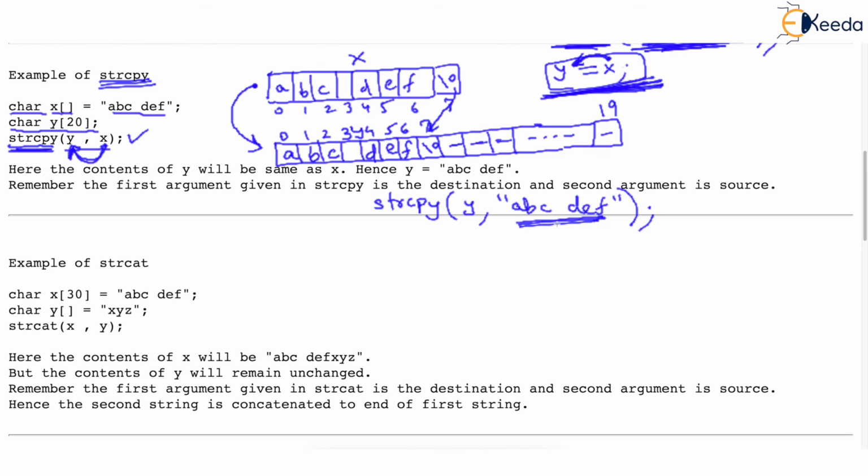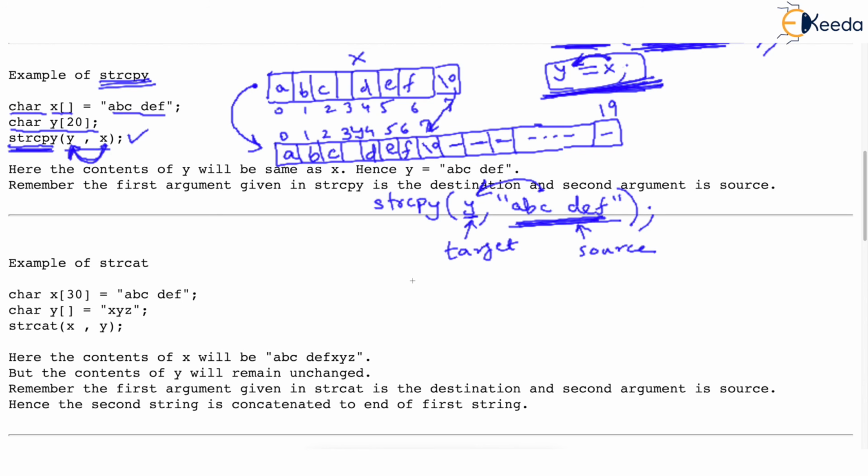You recall that the second parameter given is always the source. So this abc space def will be copied in the y array. You all can easily understand that, as I have said, the first parameter is the target or destination and the second is the source. I hope you understand that this target must be an array of characters. It cannot be a constant.